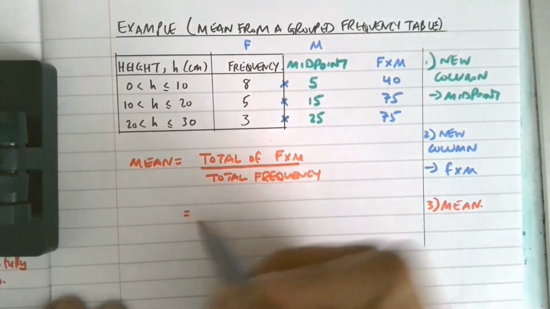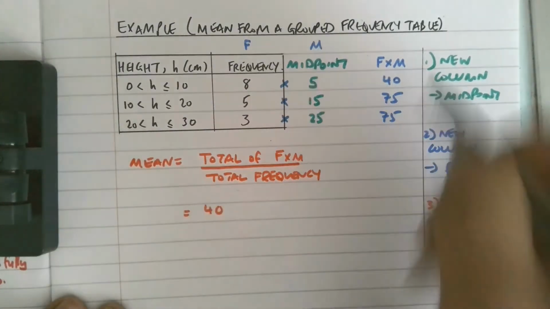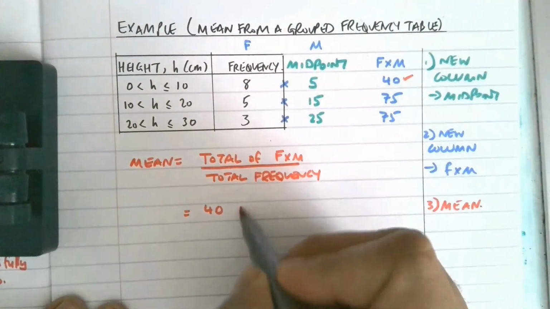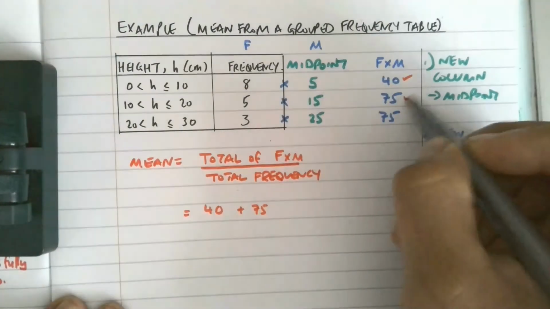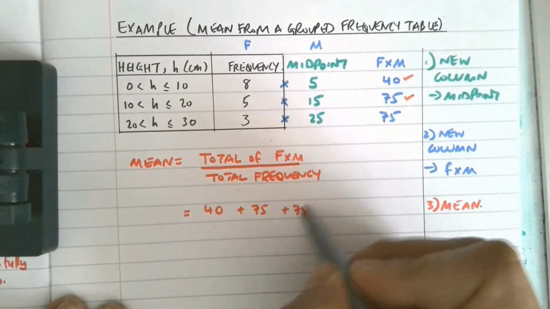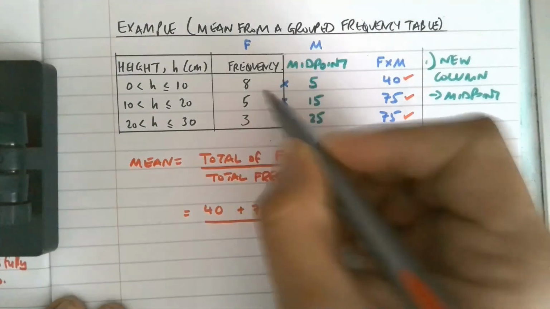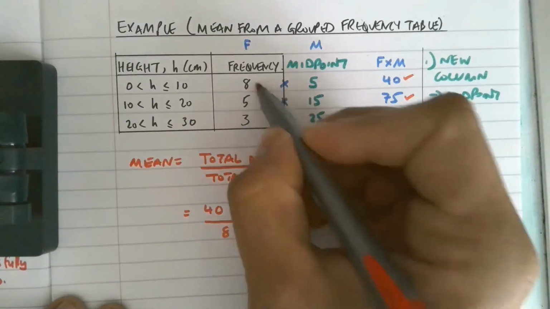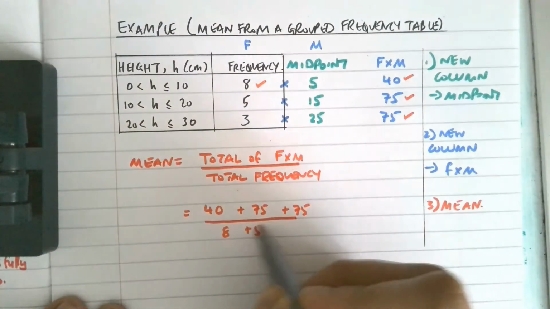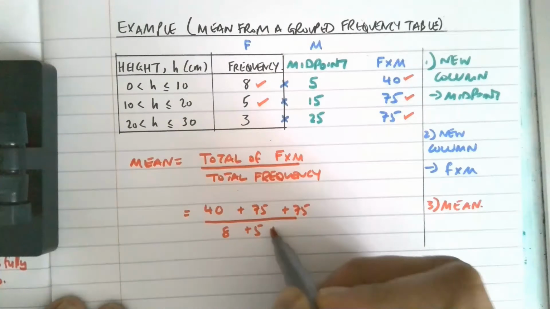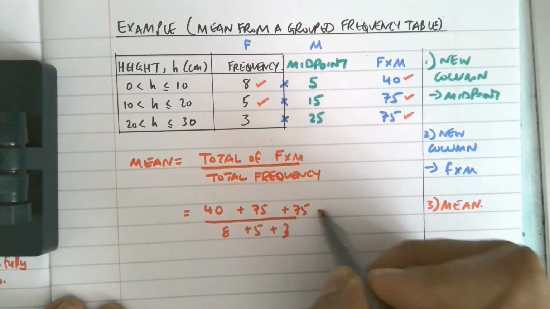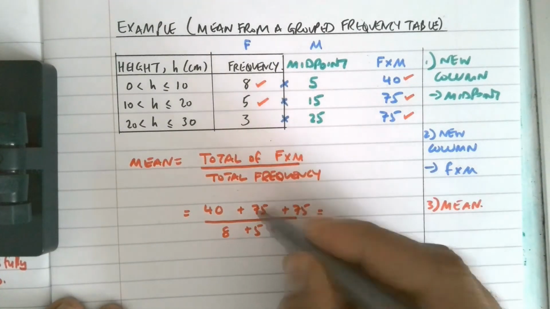So when we add up all the heights of the plants, we get 40 plus 75 plus 75. Remember, those are estimated heights because we've found the midpoint. And then the total number of plants is going to be 8 plus 5 plus 3. So the top becomes 190 and the denominator is 16.